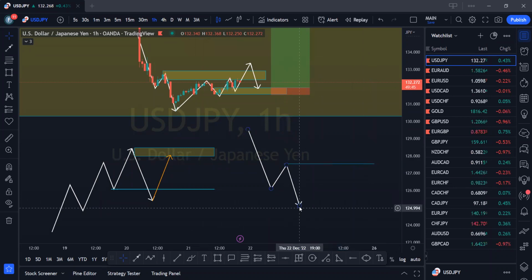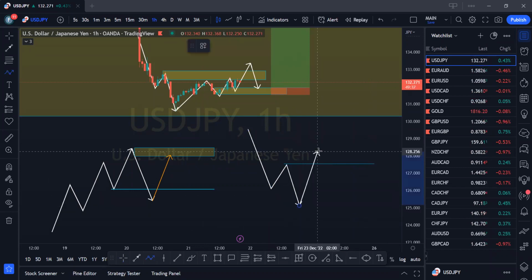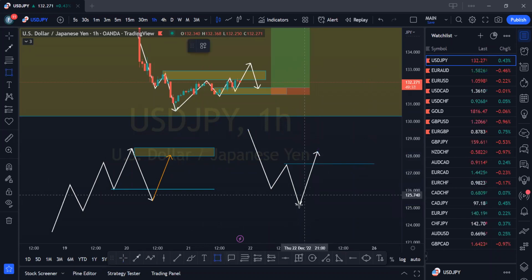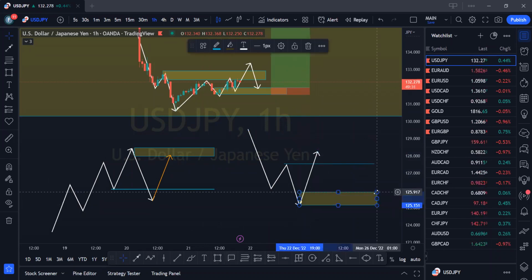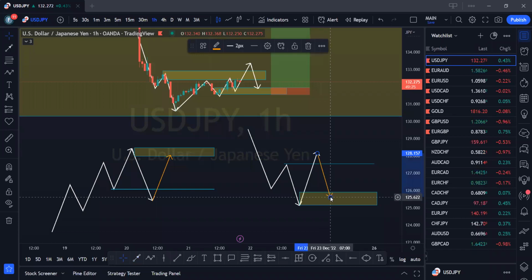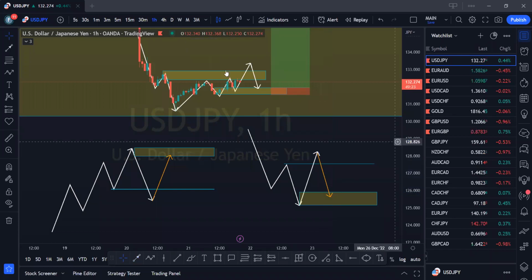I need to see an activity of the buyer's demand. So I want price to break this zone. Once that break happens, I wait for price to retrace back into a demand zone, and then I look for buys here. So that's what I did here.